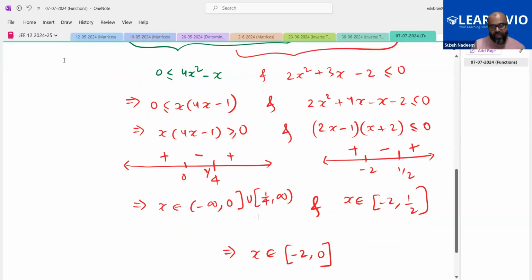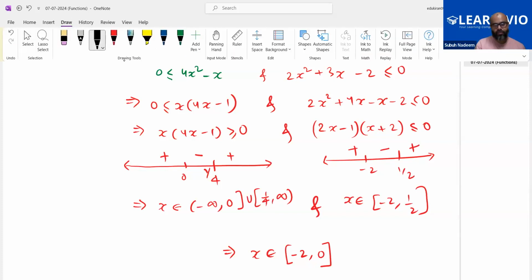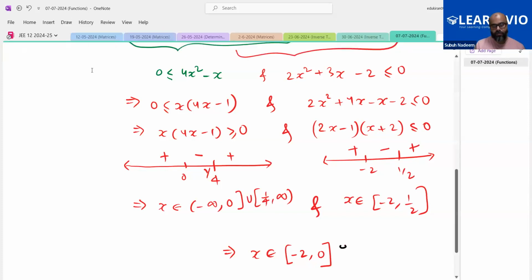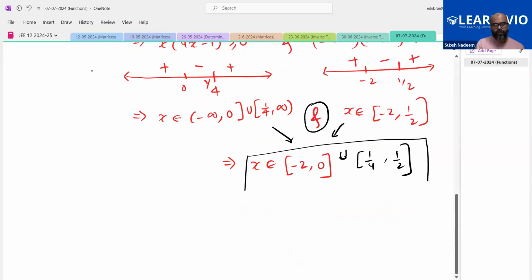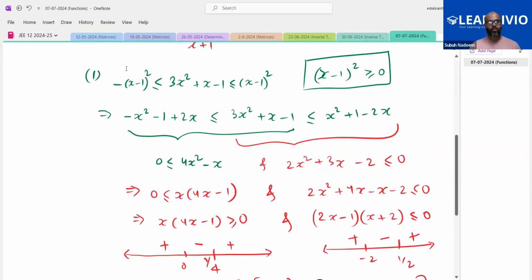So in that case, we get minus 2 to 0, and on the positive side, we will get 1 by 4 to 1 by 2 also. So the combination of these two will be this one. So we can write it now.